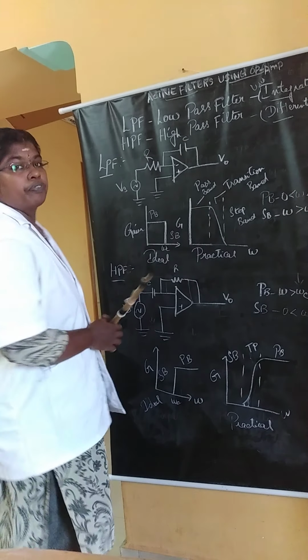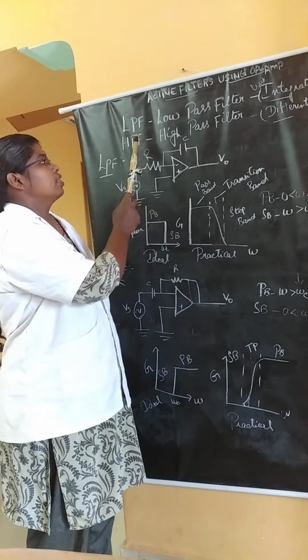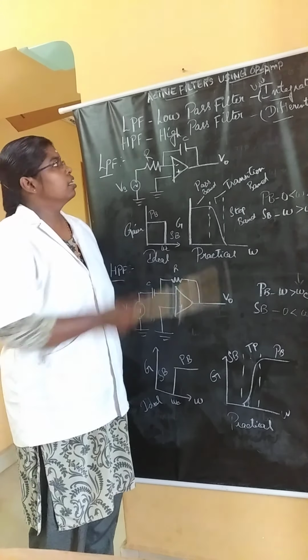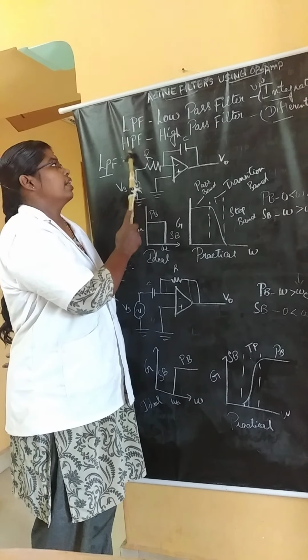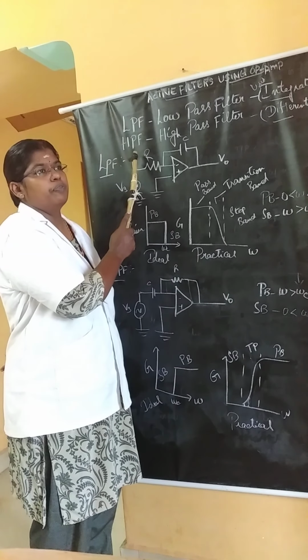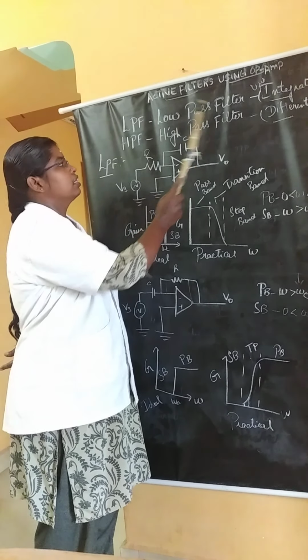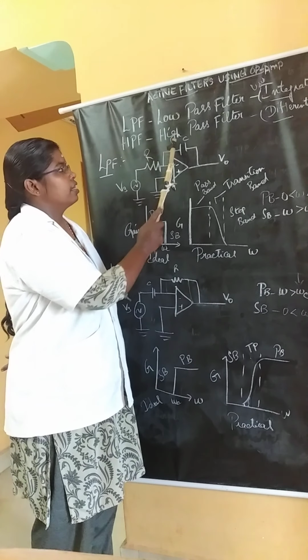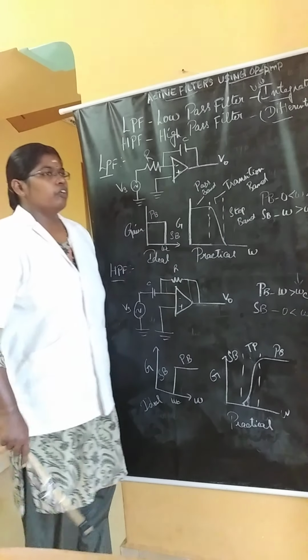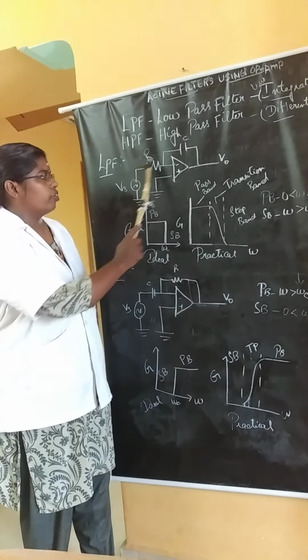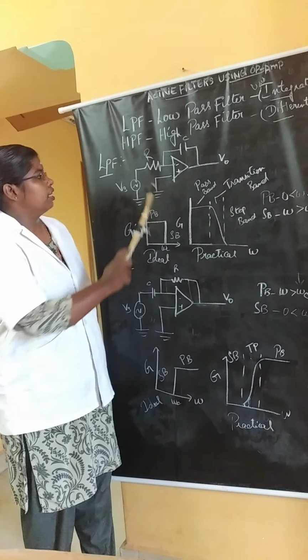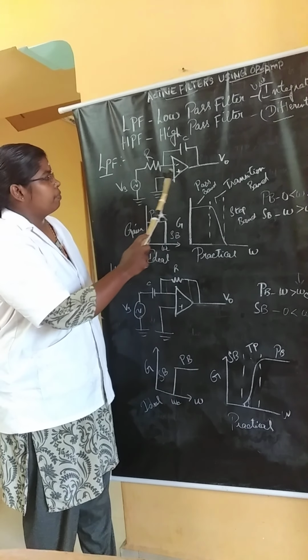So these are the types of active filters: LPF and HPF. LPF means low pass filter and HPF means high pass filter. This is the circuit diagram for the low pass filter. Here this is the op-amp.